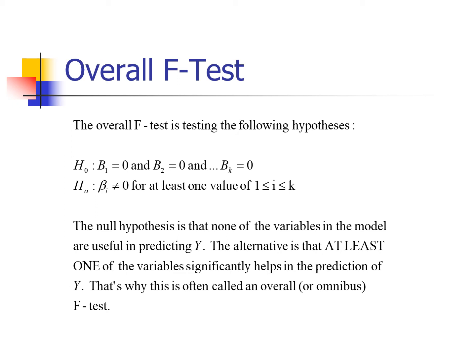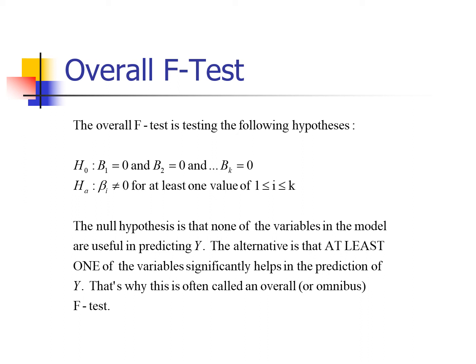It would basically mean that none of those x's belong in our equation. The alternative is the negation of that: for the null hypothesis not to be true, all we need is at least one, maybe more, of those coefficients to be something other than 0. Which is basically saying at least one of our variables is useful in the model.